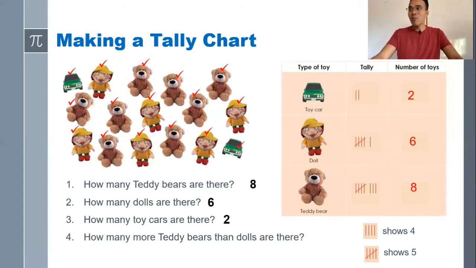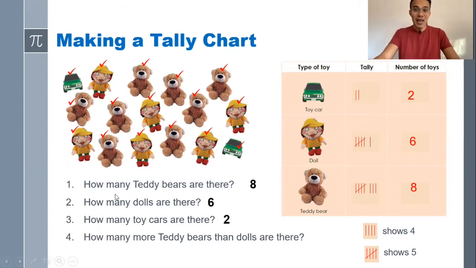And finally, question number 4. How many more teddy bears than dolls are there? Take note of question number 4. There's a word more, actually, it's more than. It means we are already comparing 2 objects. Again, if we are comparing, we have to subtract 2 numbers. What are these numbers we are going to subtract?